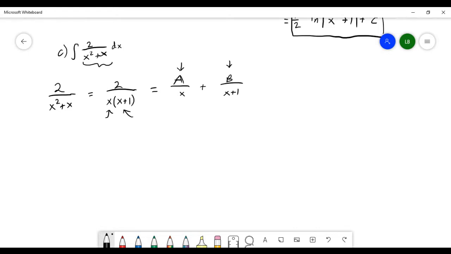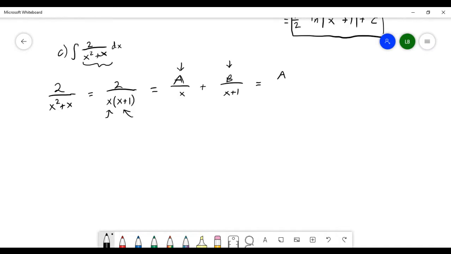And then you'll notice if we tried to add these two fractions, A over x and B divided by x plus 1, well, first we would need to find a common denominator. And that would be x times x plus 1.